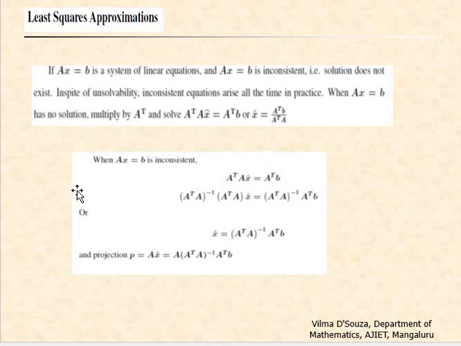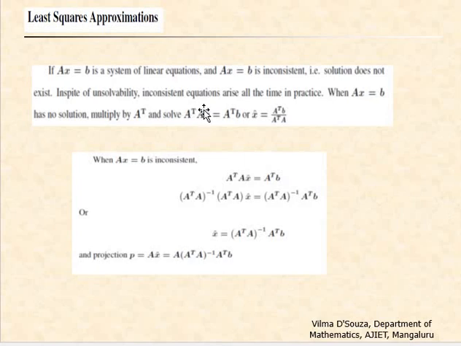So now we are going to consider such type of system here. Ax is equal to B is inconsistent, that is the solution does not exist. In spite of unsolvability, in spite of inconsistency, such type of equations arise most of the time. So in such cases, when the system Ax is equal to B has no solution, what you do is you multiply by A transpose and solve.